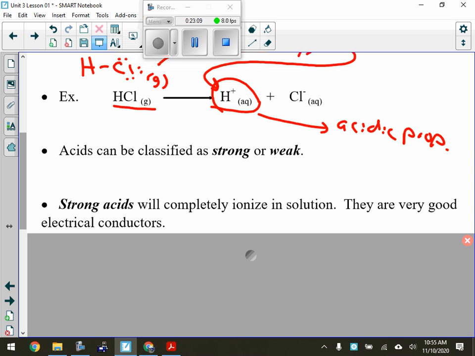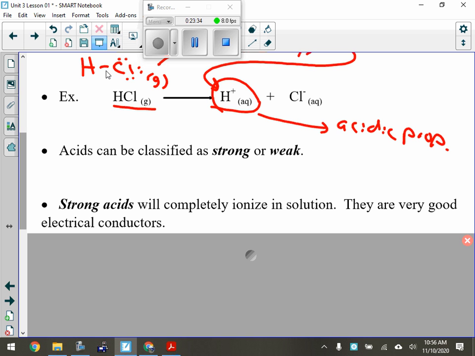So does that make them dangerous? Yes. But having said that, there's a lot of variables that can go into this as well. So they could be very not dangerous as well. Strong acids, by definition, are how well they break up when you put them into water. So strong acids completely ionize in water.